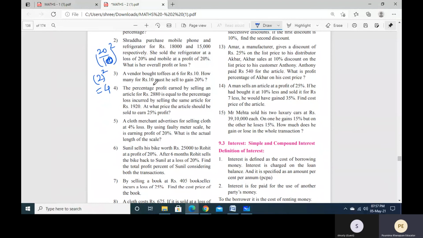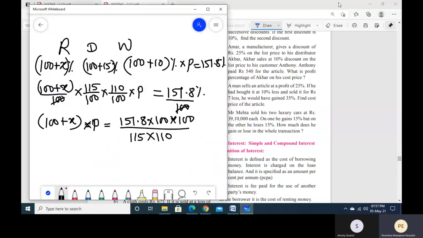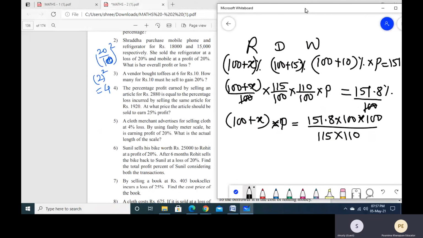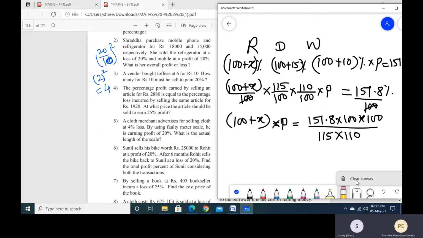Then the third one: a vendor bought toffees at 6 for rupees 10. How many for rupees 10 must he sell to gain 20%? Is the question wrong or what? No, the question is not wrong.